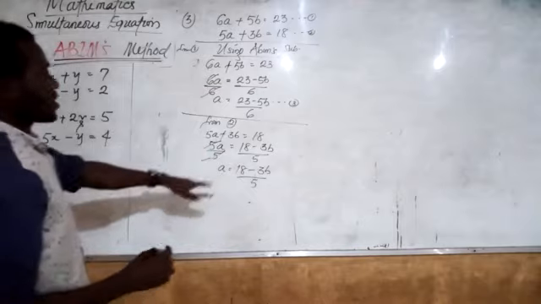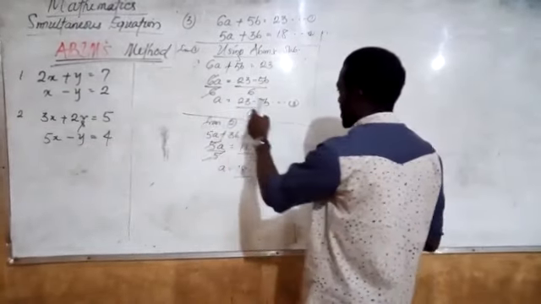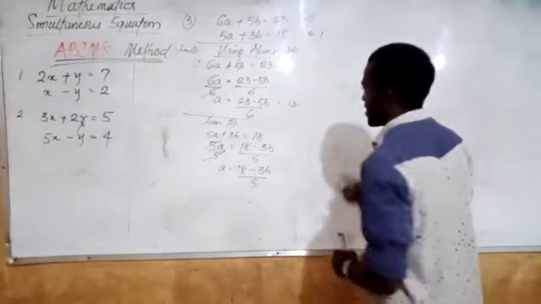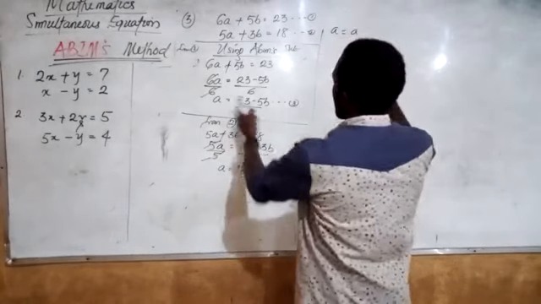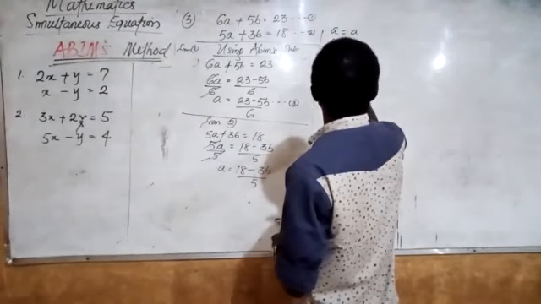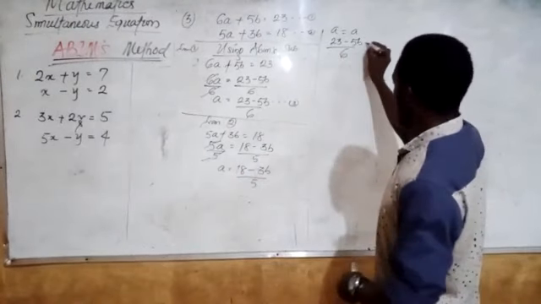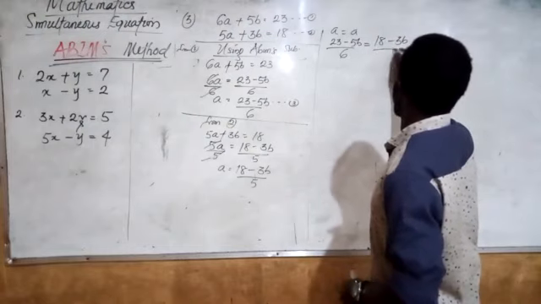Alright, so seeing this, since A is this and A is this, then this must be this. So we are going to say A equals A. So we have 23 minus 5B over 6 equals 18 minus 3B over 5.